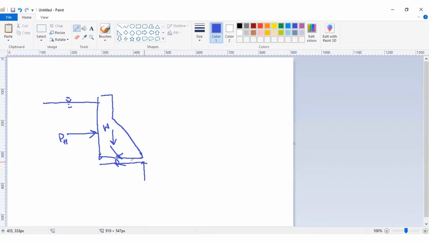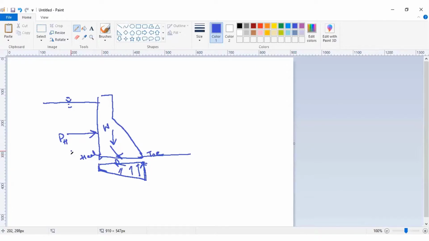If you just draw the stress distribution diagram, it will be minimum on this side at the heel and maximum at the toe of the dam. So you can see a huge amount of stress is generated at the downstream end.